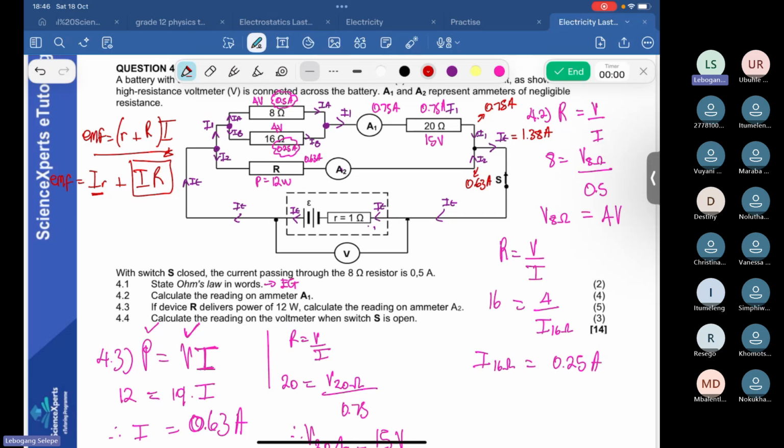EMF equals the total current 1.38, right? Internal resistance is 1, plus this whole expression, which is our V external, so our V external is 19. So this is why this question was 3 marks, because it was straightforward. So it would be 20.38 V. Do you get it?